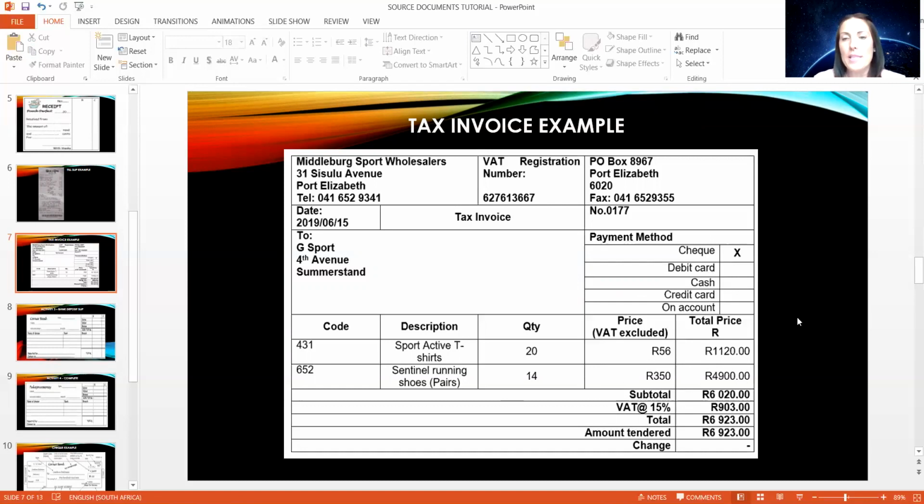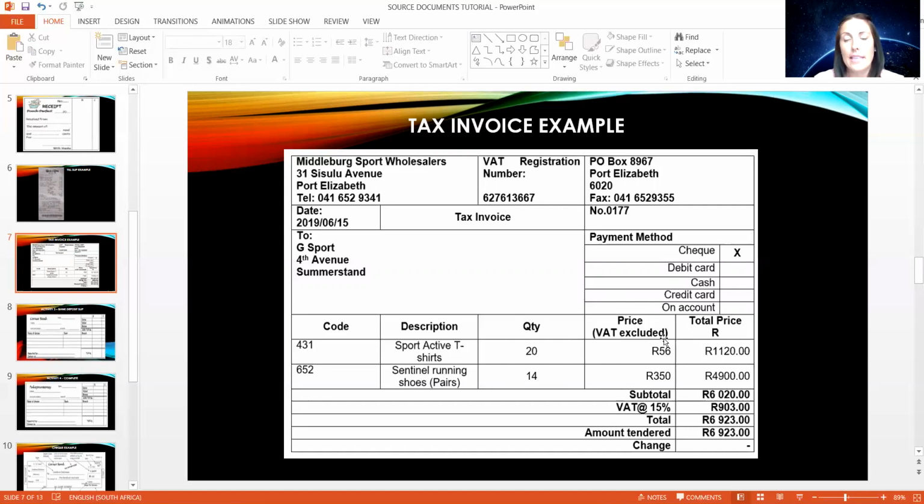Okay, so here, what can we see on the tax invoice, the cash invoice? This business makes use of codes for the items or products that they sell. There's the description, what have they sold to this client, how many of each of these items have they sold. Now I can see that this business lists their selling prices exclusive of VAT.